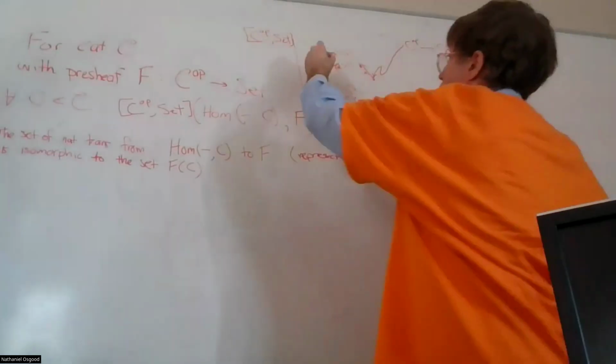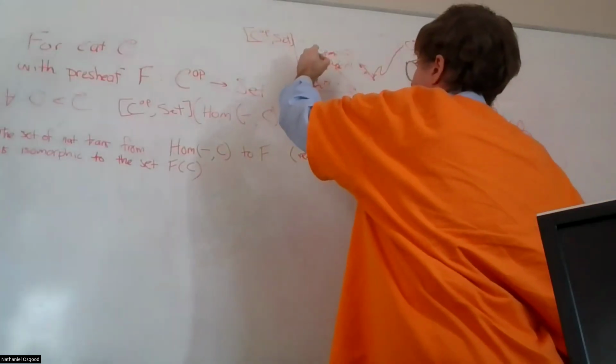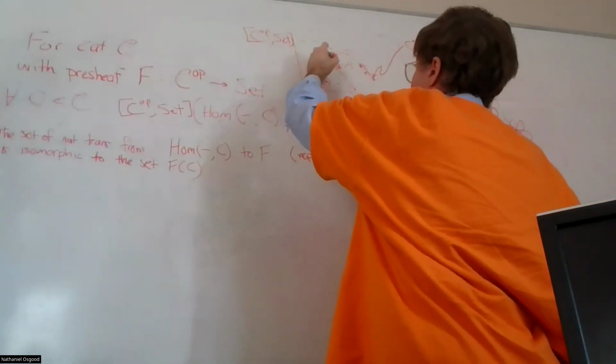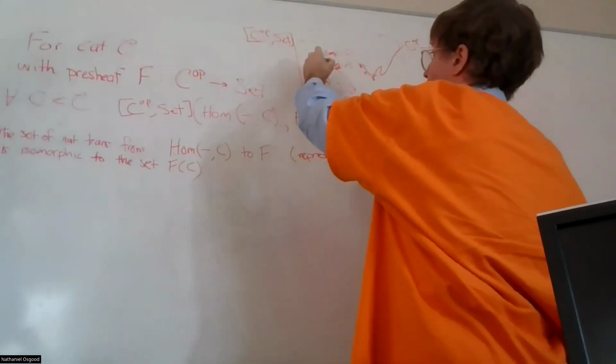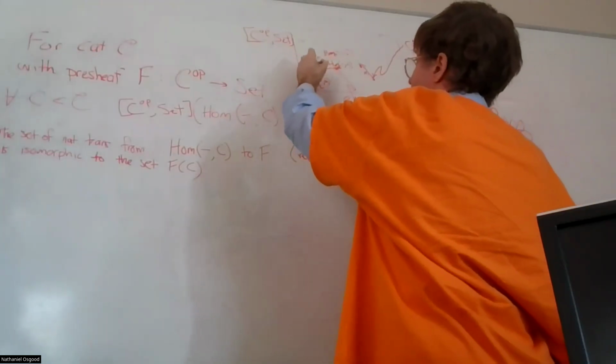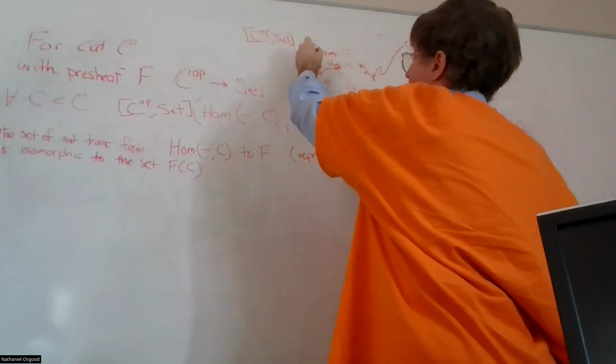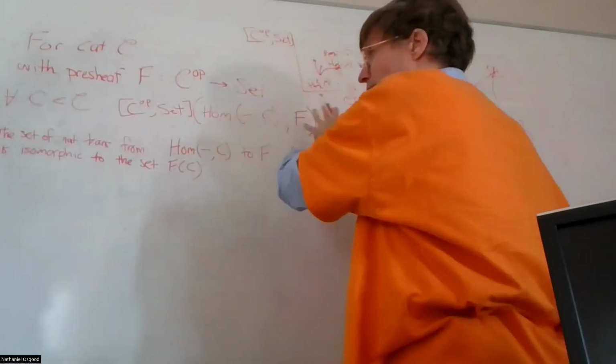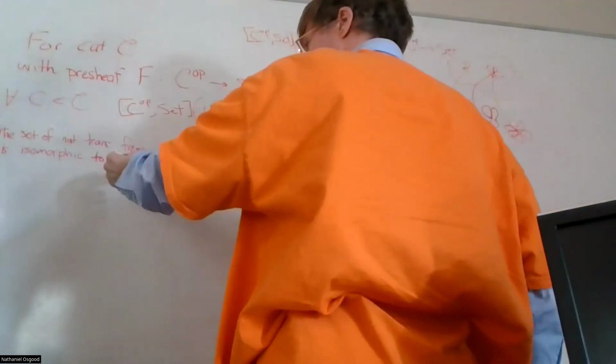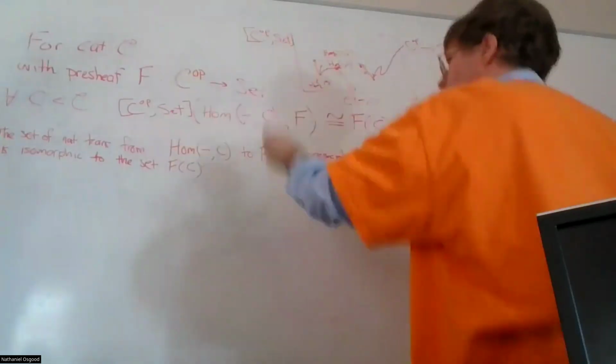So there's these, and these are connected together. Maybe this one, like the hom for edge, maybe it maps down to the hom for vertex or whatever. And one of the set of natural transformations, isomorphic. Yes.